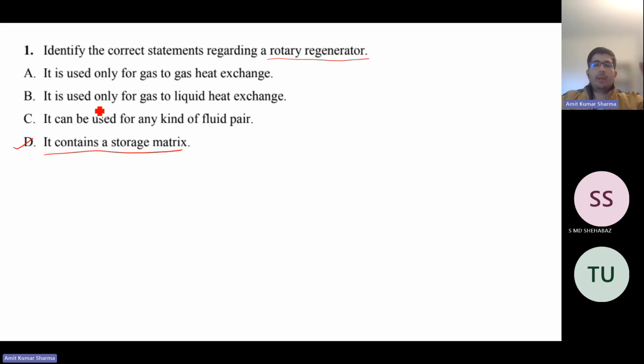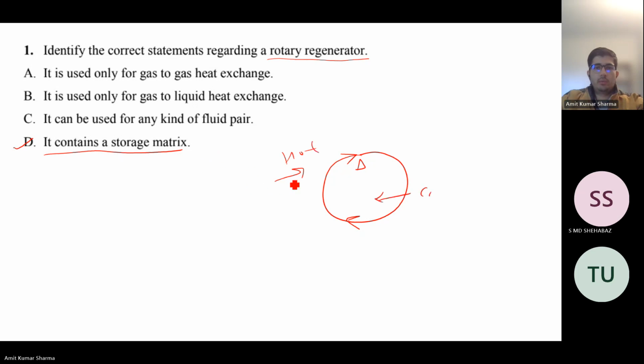Because the matrix is completely rotating, suppose on one side we are supplying the hot stream, and from the other side we are supplying the cold stream. This wheel is rotating.